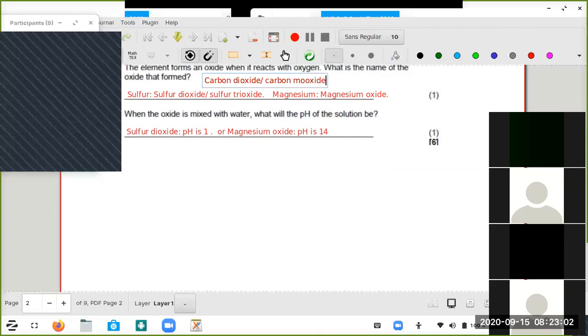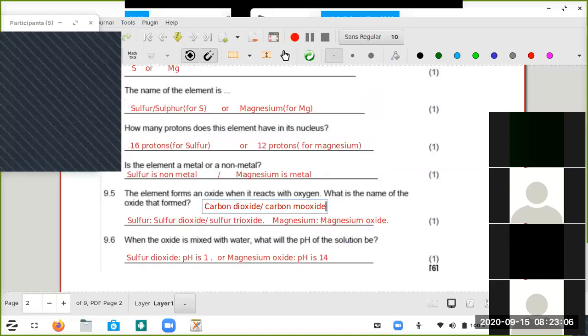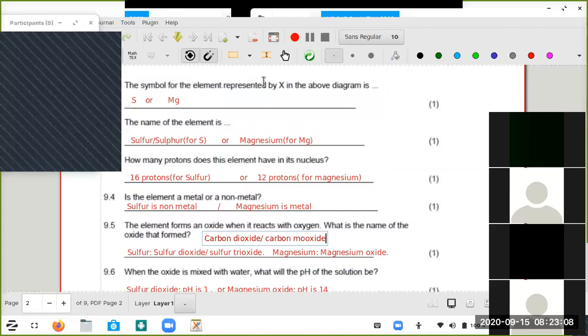Right. So this is in line with, say, for example, someone might say the answer to 9.1 is carbon, which means the name there could be carbon.